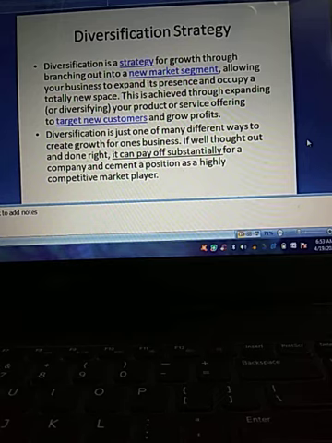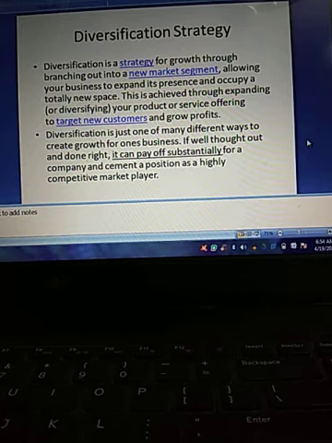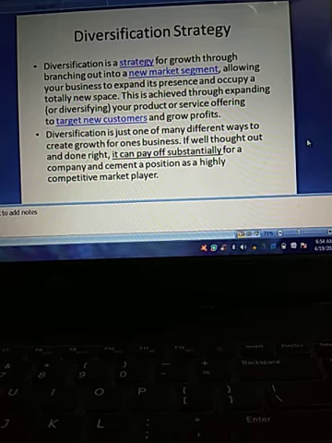Diversification is just one of many different ways to create growth for one's business. If well thought out and done right, it can pay off substantially for a company and cement its position as a highly competitive market player. So diversification generally is implied when the company is entering into new markets, through diversification in terms of services, products, and different offers.